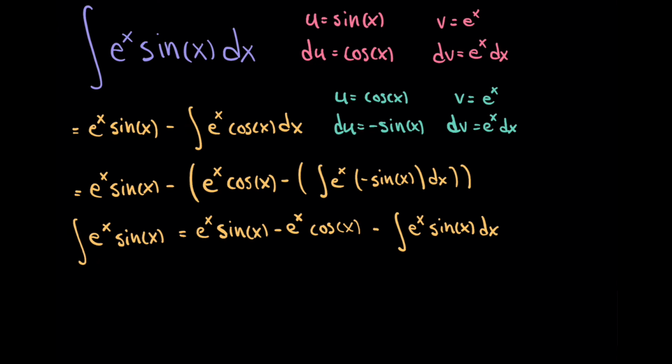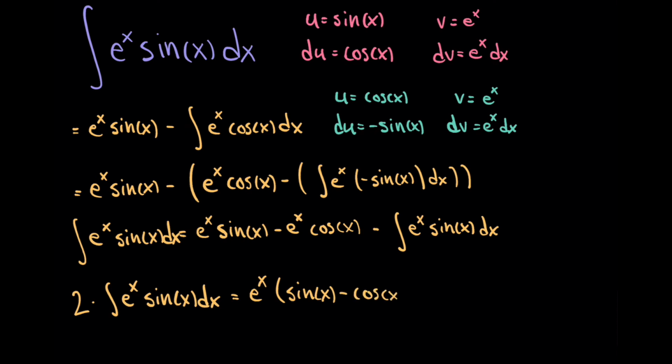You may be thinking that this was a completely useless process, but actually there's a really neat trick that we can do to solve this problem quickly from here. What we're going to do is take this term and add it to the left-hand side. And notice that both these integrals are the exact same, so we'll just get 2 times that. So we have 2 times the integral of e to the x sine x dx, sorry, I think I missed a few dx's here, is equal to, by factoring out a term of e to the x, times sine x minus cosine x.